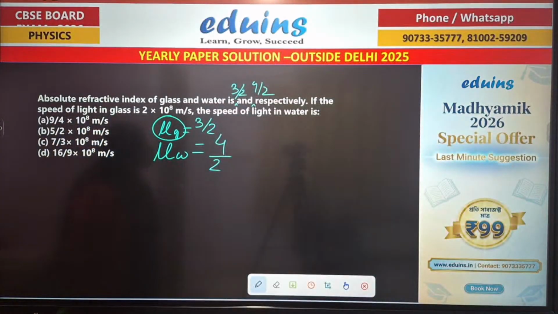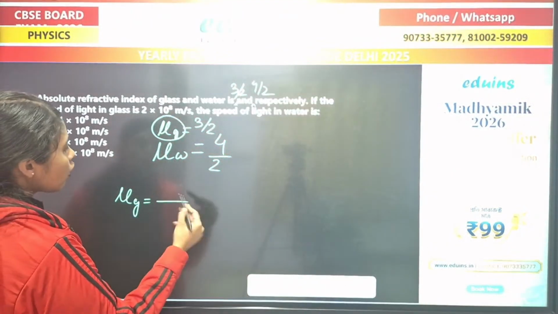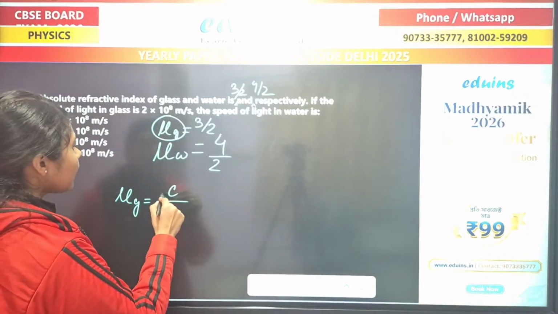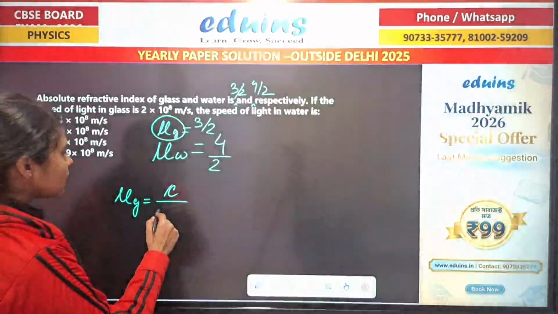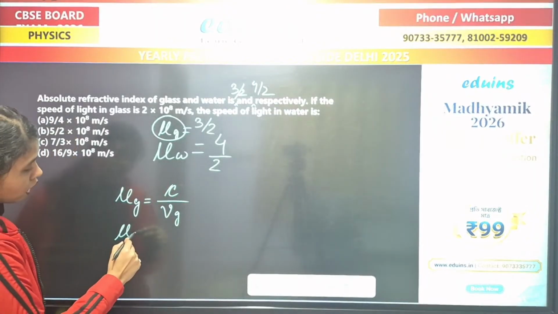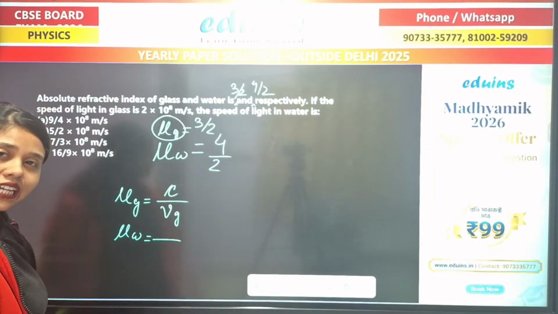We know the absolute refractive index. We know the definition, right? That is the ratio of speed of light in vacuum by speed of light in this medium. That means in the glass medium, Vg. And mu water. So what is the absolute refractive index of water?